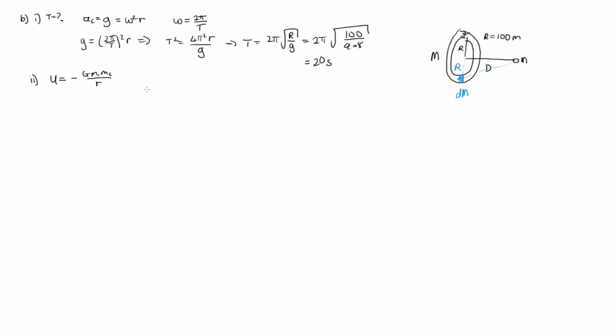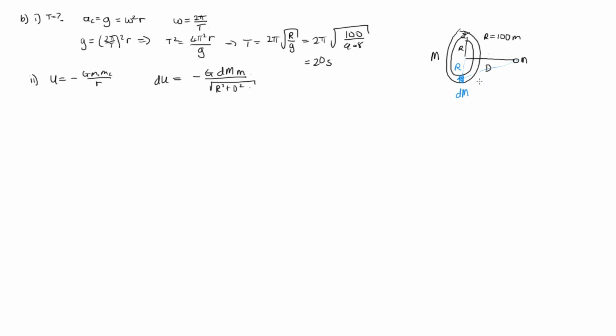So in this case, we could say, well, the contribution to the gravitational potential energy due to just dm is dU, and that's going to be equal to minus G. We've got dm, and then we've got little m, and then we're dividing by the distance between these two things, which is the square root of r squared plus d squared.